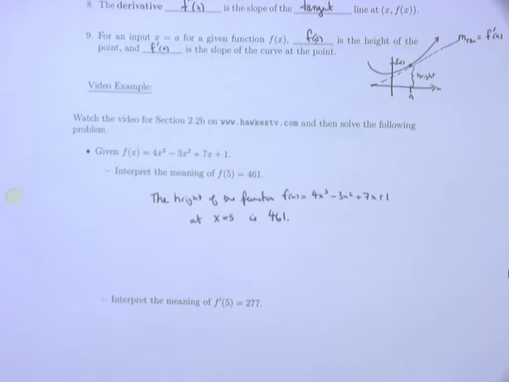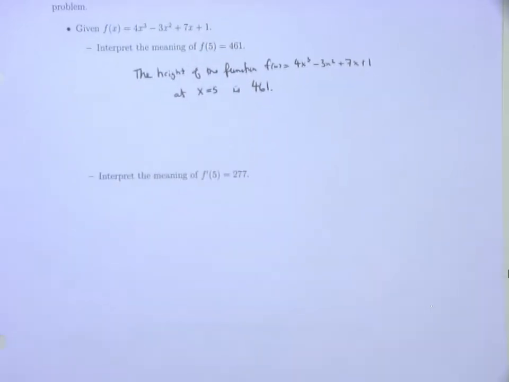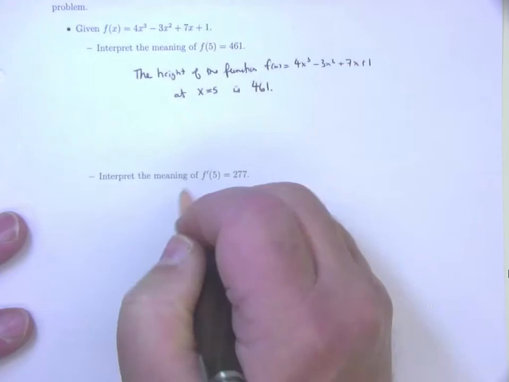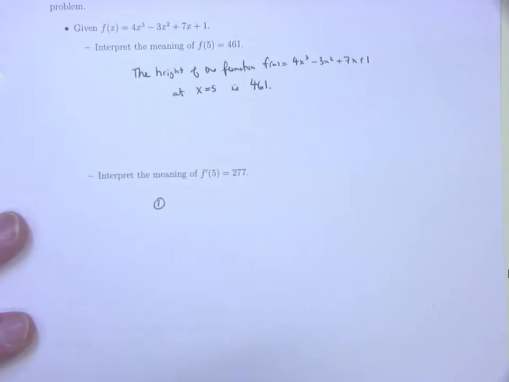But now, coming down here, interpret the meaning of f prime of 5 equals 277. Okay, well, basically there are three different concepts here. Two of them are very similar.